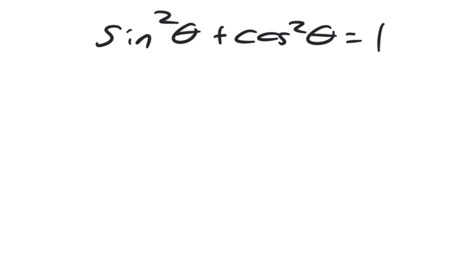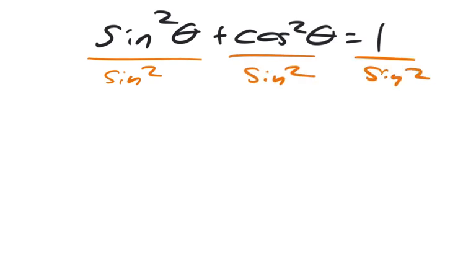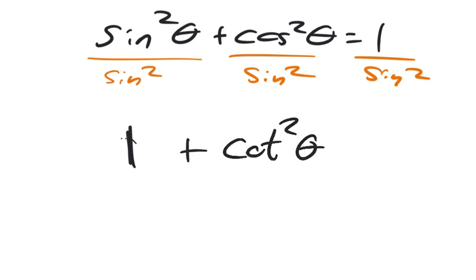But in order to find the other 2, I could first divide all of this by sine squared. Sine squared divided by sine squared is 1. Cosine over sine, cotangent. Right? And then 1 over sine squared. So we haven't gone over these identities yet, but they're coming later in this packet.